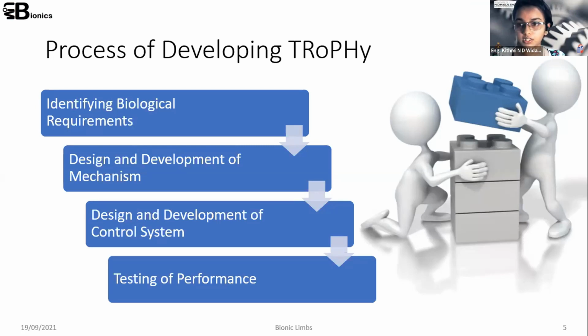We read many things, and we tried to understand the biological requirements behind the design of a prosthetic. And after that, we could move forward in developing this device. So in the first few months, what we did basically was reading more and more about biological concepts and medical concepts related to this prosthetic device.